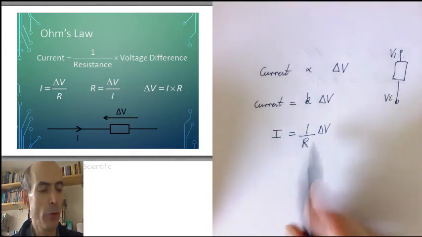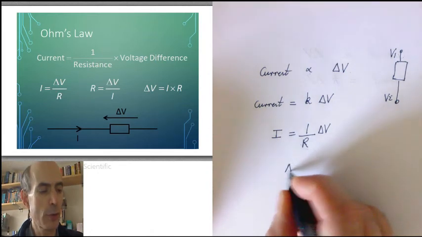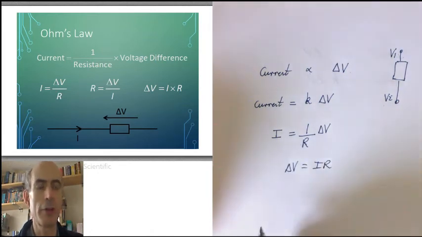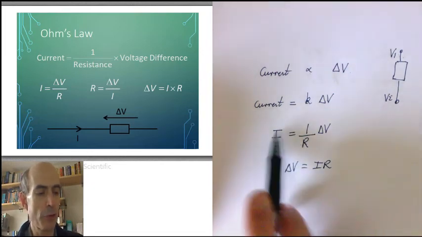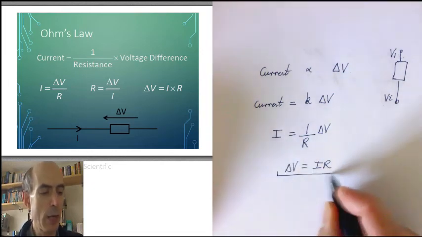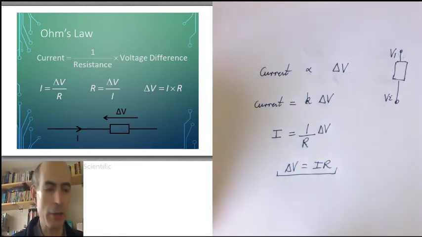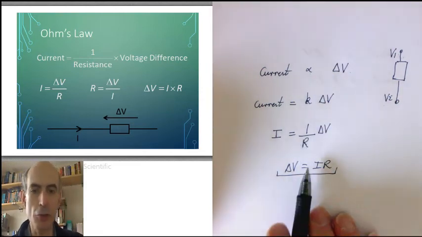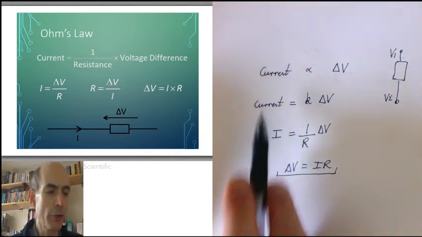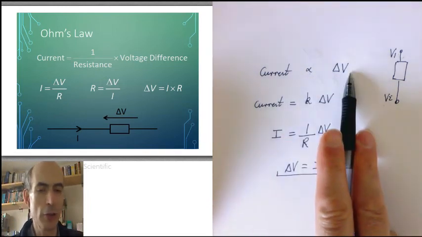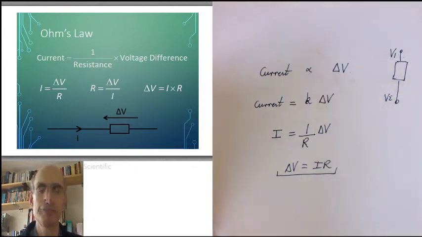It's more common to write Ohm's equation in this form: V equals I times R. Just multiply up both sides by R. It's a neater way of writing it. You don't have to worry about 1 over anything. But the original Ohm's law was that the current is proportional to the difference in the voltages across a conductor.